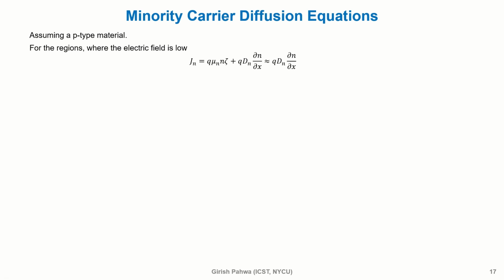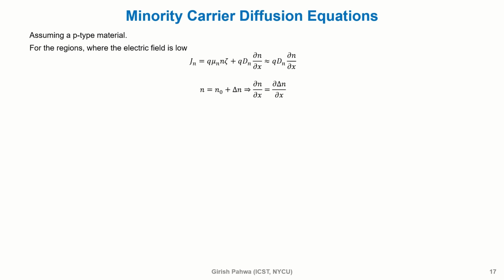Then my electron density is equal to the equilibrium electron density plus the excess carrier density. I'm talking about a p-type material, so the minority carriers are going to be the electrons. Of course, delta n will be equal to delta p, but delta n, this excess carrier concentration, will largely affect n. There will be addition to the hole density also, but the hole density is already so large that this addition of delta p will not matter.